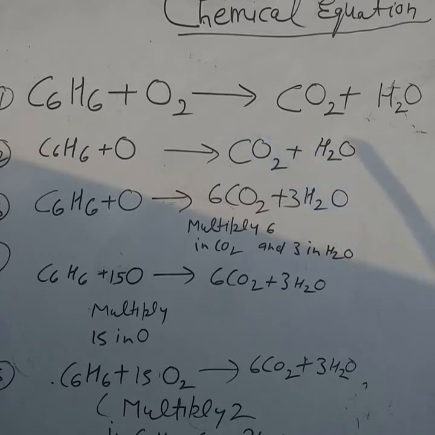This reaction is in skeletal form, and it should be balanced through a process. First, the skeletal reaction has oxygen, which is an elementary gas, so this gas is written in elemental form: benzene plus oxygen in elemental form gives CO2 and water.